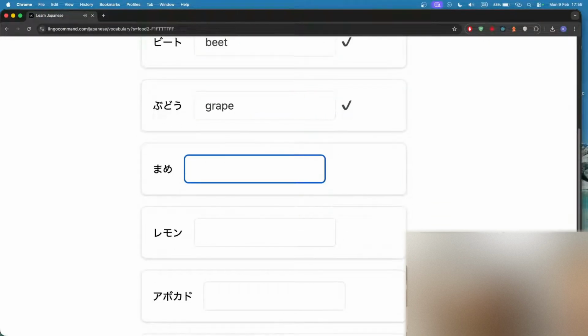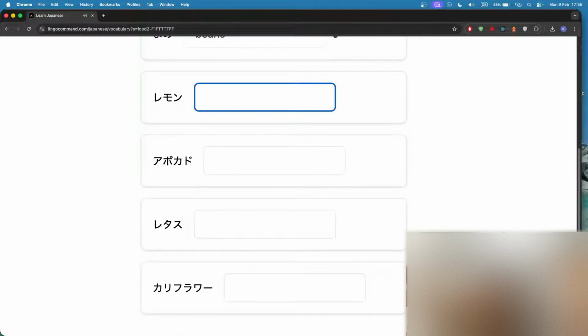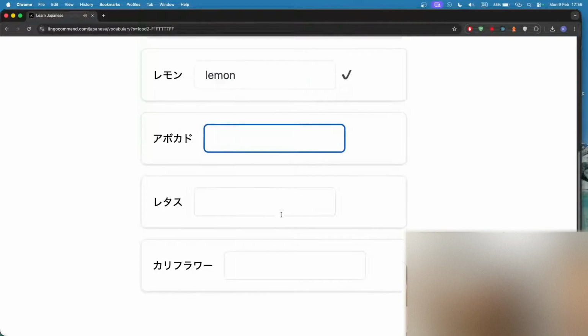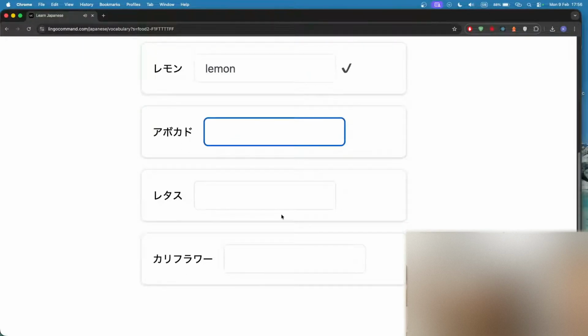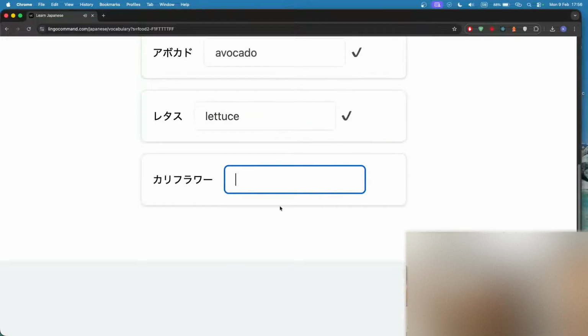Budo is grape. Mame is beans. Remon is lemon. Avocado is avocado. Retasu is lettuce. And cauliflower is cauliflower.